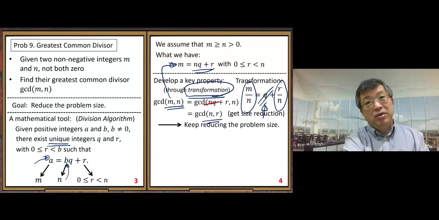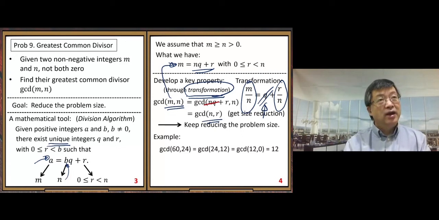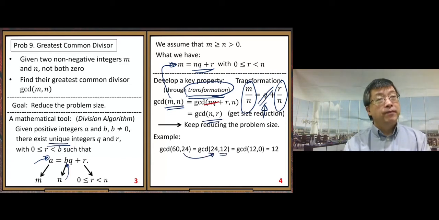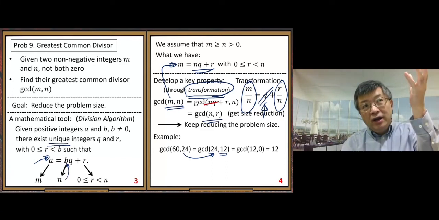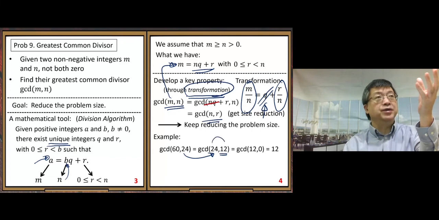So let me use a simple example to show you how we do the problem size reduction. Same example, but this time we put an n here, 12 remainder. 60 divided by 24, the remainder is 12. So we reduce to another GCD problem with smaller problem size.